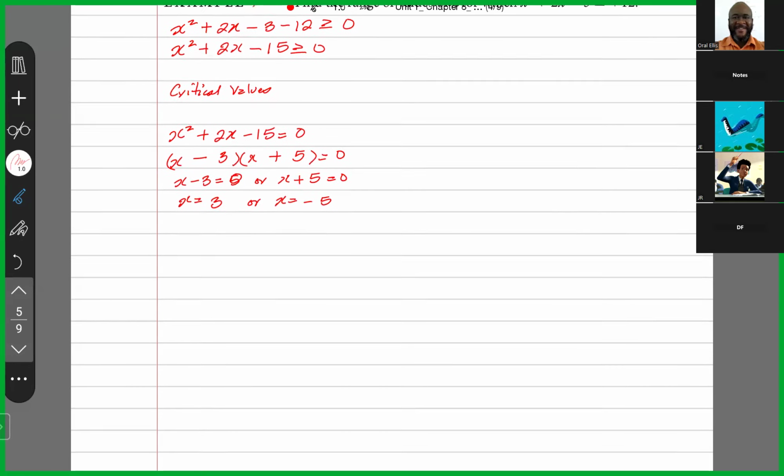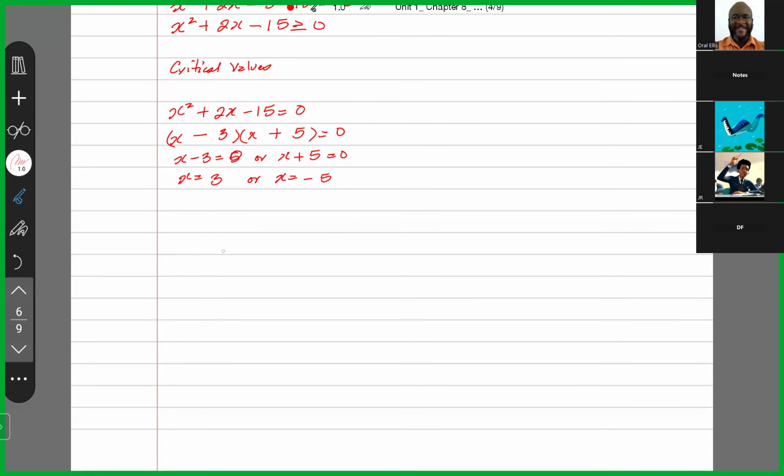Let's draw up our sign table, where values of x are less than minus 5, where x is less than 3 but greater than minus 5, and where x is greater than 3.